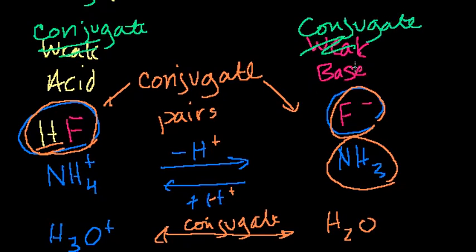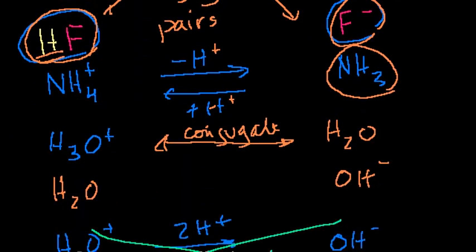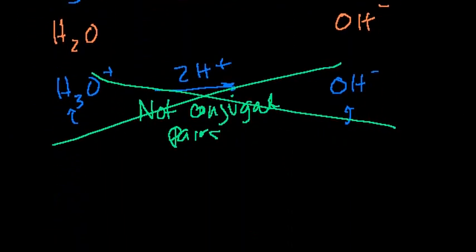And even though something might be a conjugate acid or a conjugate base, it doesn't necessarily mean that they're very basic, for example, or very acidic. If I have hydrogen chloride, we know this is a strong acid. Its conjugate base, we essentially just get rid of one of these hydrogen protons.